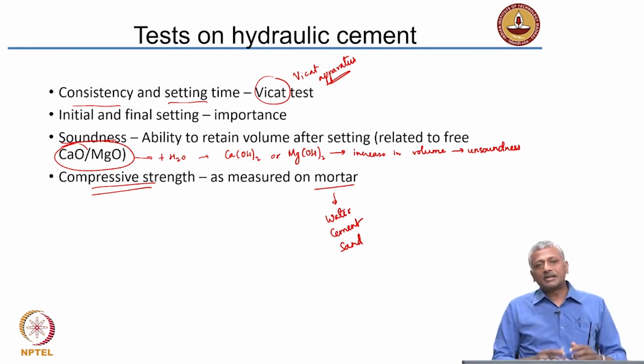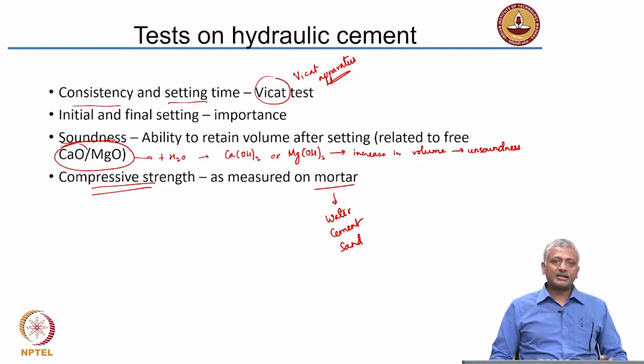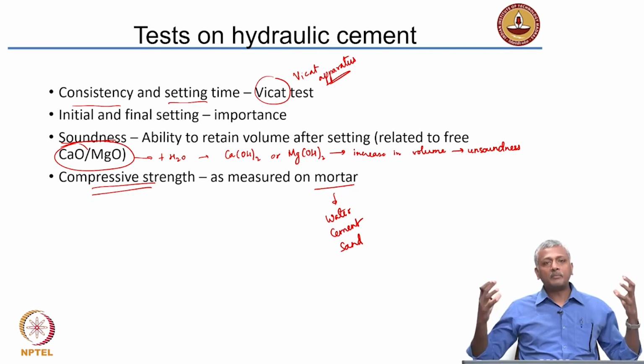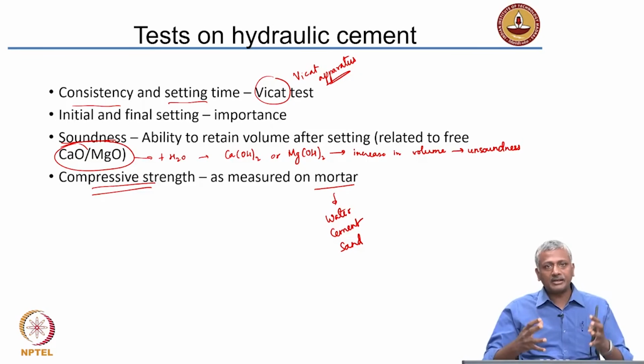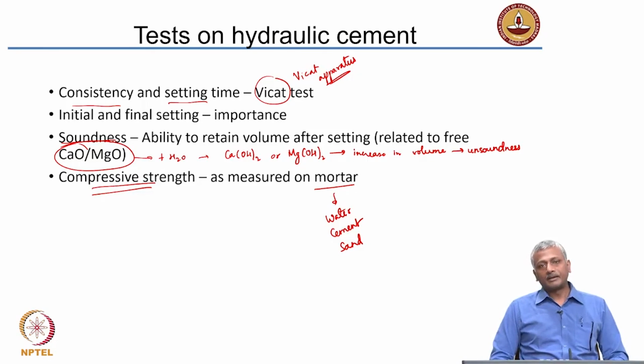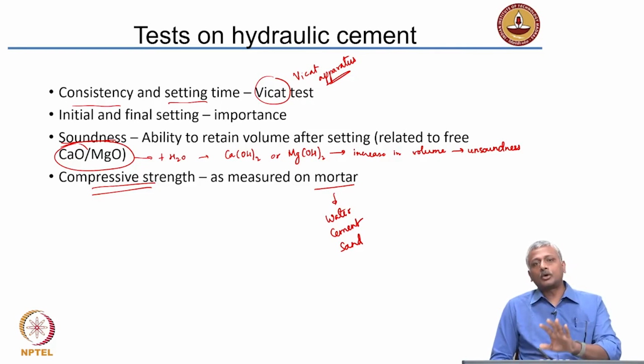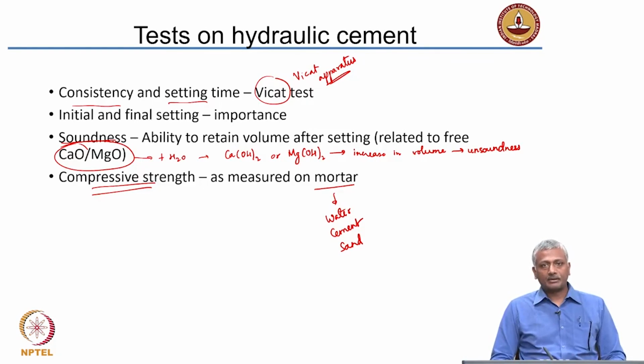So, we want to test the binding strength of the cement, and that is why we do that test on mortar. Please remember, we want to test the strength of the cement to define its binding characteristics, how well it binds together the aggregates and keeps them in place and provides stability and resistance to loading. And that is basically the strength that we are trying to determine from the compressive strength test. That is why we do it on mortar and not on cement paste.